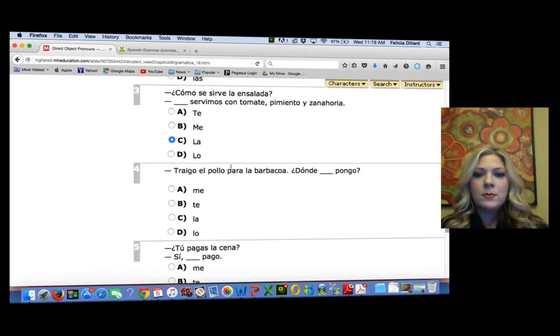Number 4. Traigo el pollo para la barbacoa. ¿Dónde pongo? I'm bringing chicken for the barbecue. Where do I put it is our missing word. It is referring to el pollo, so we use lo. ¿Dónde lo pongo?